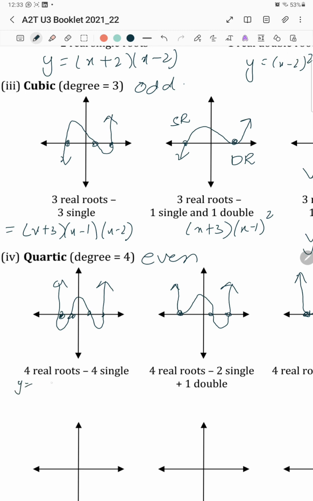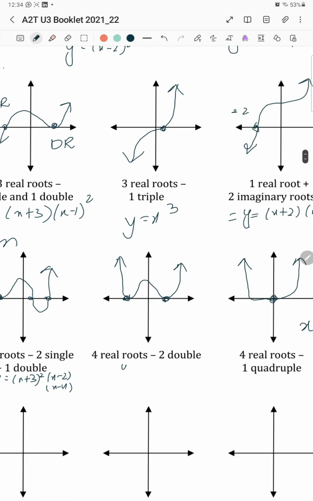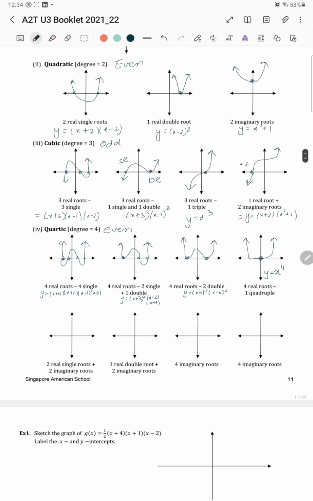Example: two real single roots and two imaginary single roots.